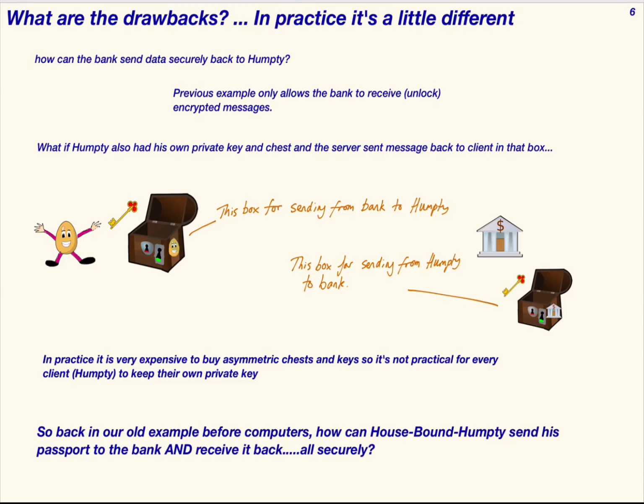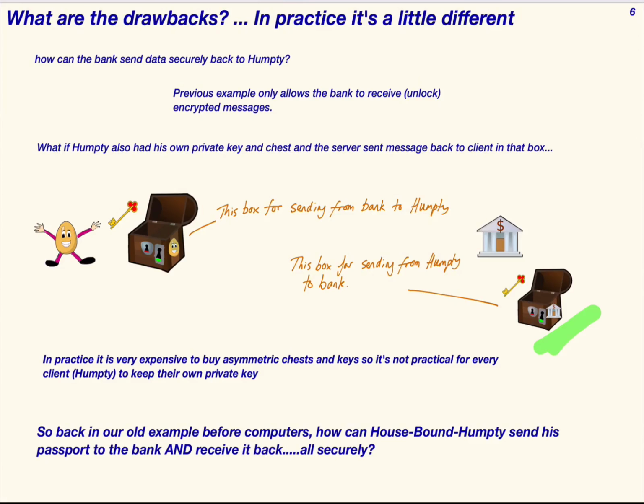So let's say the bank wants to send Humpty's passport back to Humpty. He has no way of doing that because Humpty doesn't have his own private key, and the chest that Humpty and the bank were using before can only be unlocked by the private key that the bank has, right?